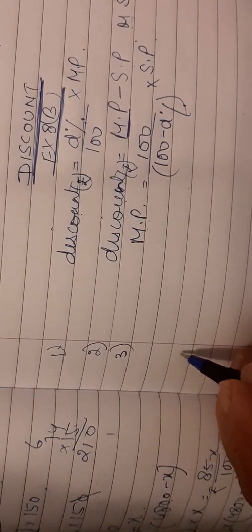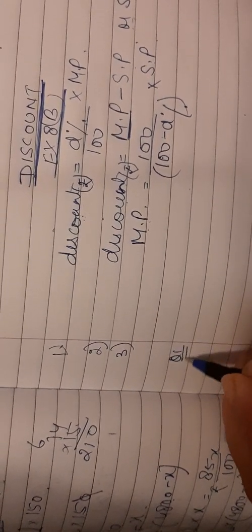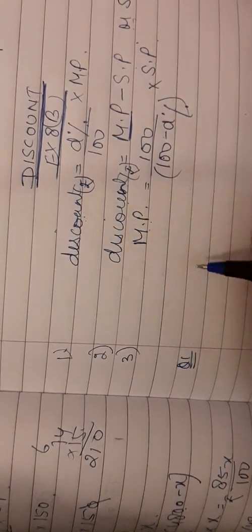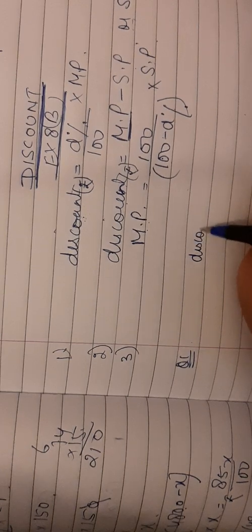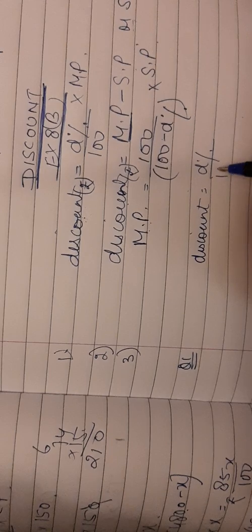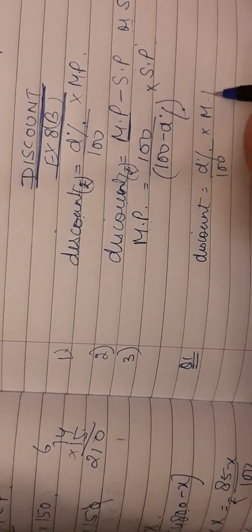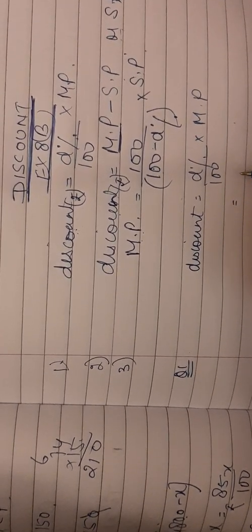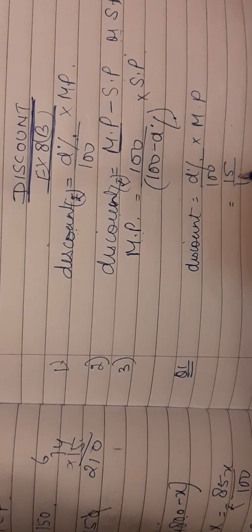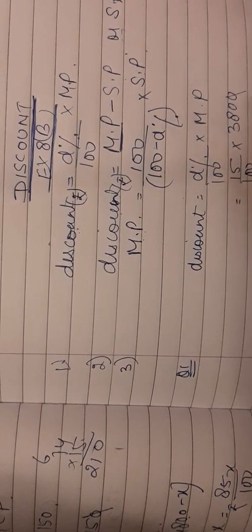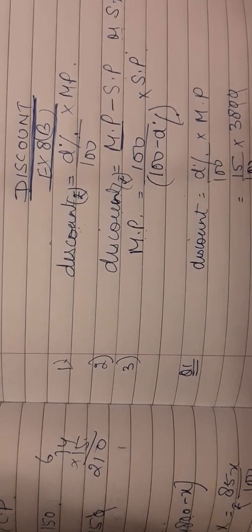So first you are going to write the formula. Discount is equal to discount percent upon 100 into MP. Then discount is equal to 15 upon 100 into 3800. One zero cancels, the other zero cancels.